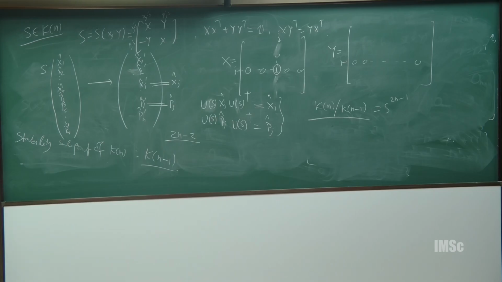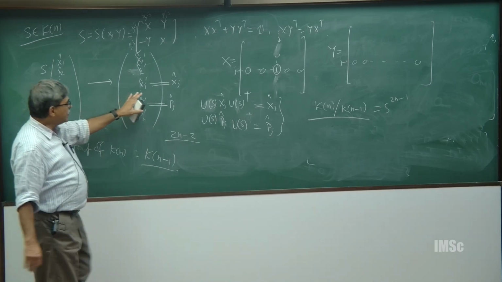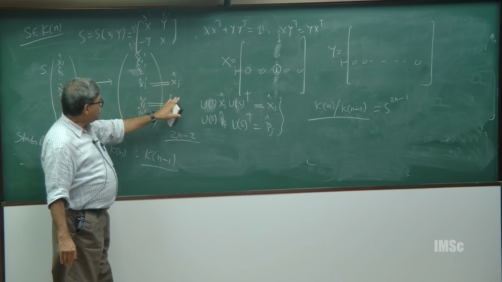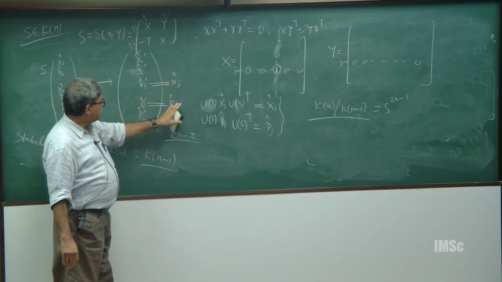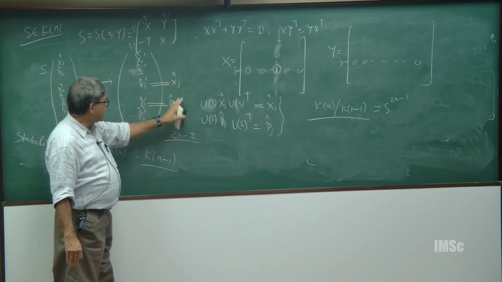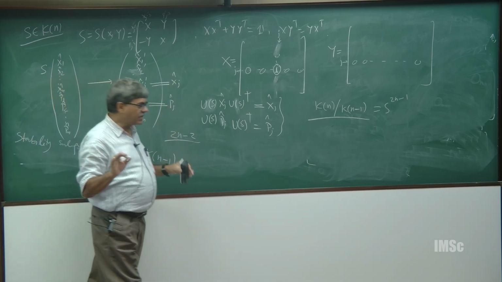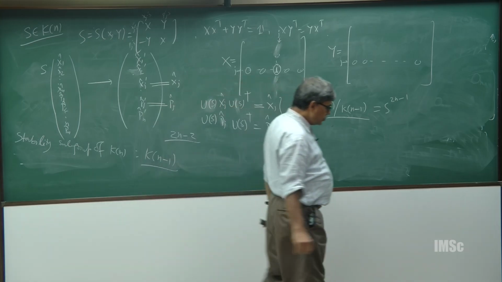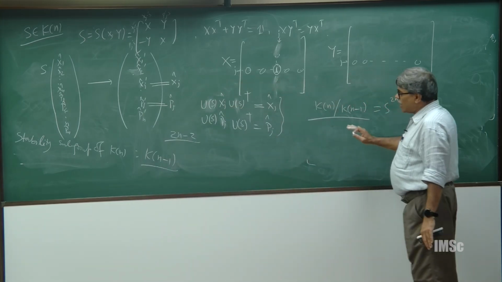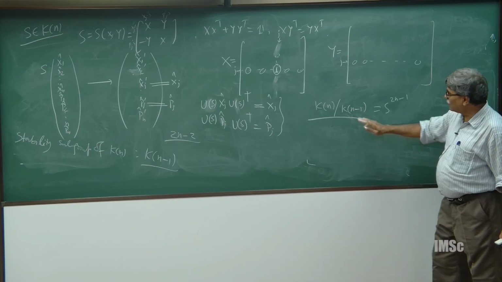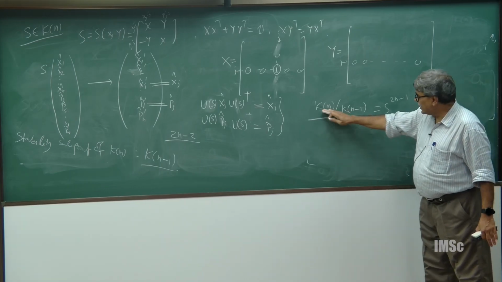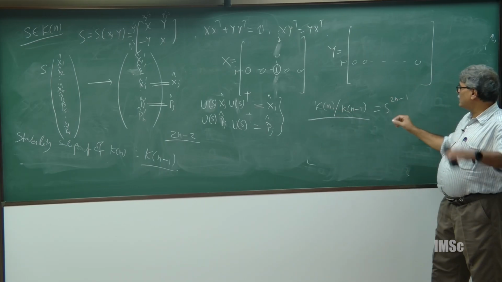So this kind of action, which does not change these xj and pj, I will not consider, those are not of my interest. Okay. So what we need to look at is this coset space, which is K n by K n minus 1 and which is actually your S 2n.